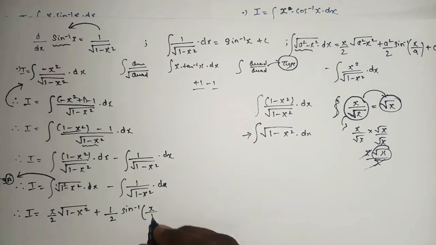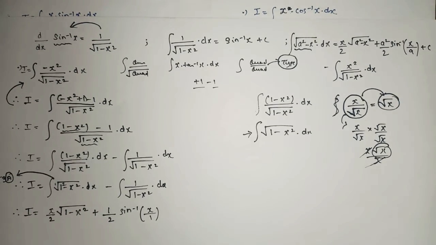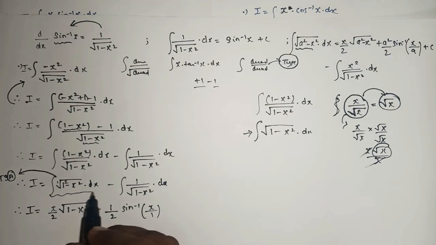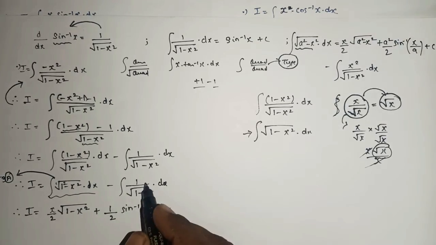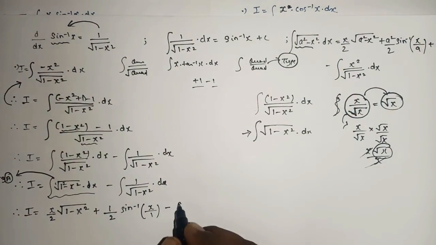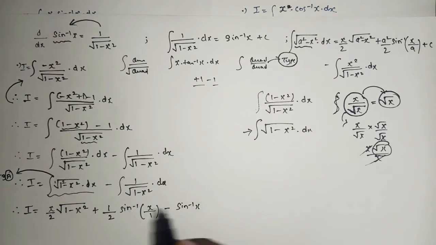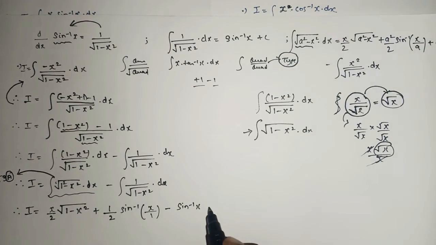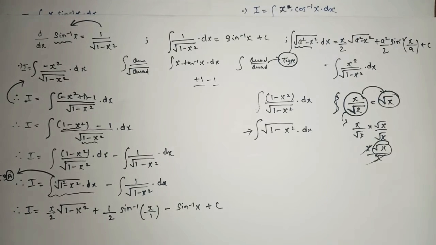By a is what? 1. Done with this integral section, yes or no? Then we'll write minus. And what is the direct integration of 1 upon root 1 minus x square? We know that it is sine inverse. Integration for both the sections is over, so here we can write plus c.